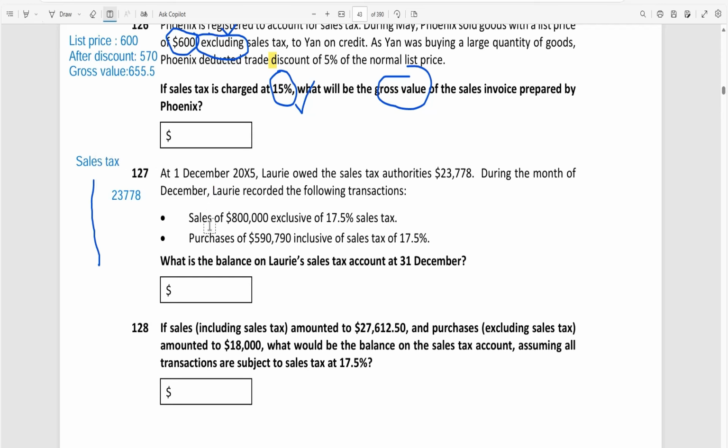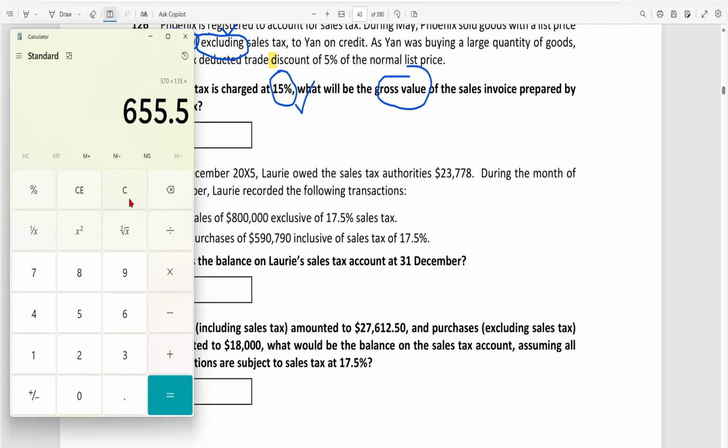What is that? The first is the sales of 800,000 exclusive. Please read the word carefully. Exclusive of 17.5%. So if the question mentions the word exclusive, in that case what you need to do is simply take the price and multiply it by 17.5%.